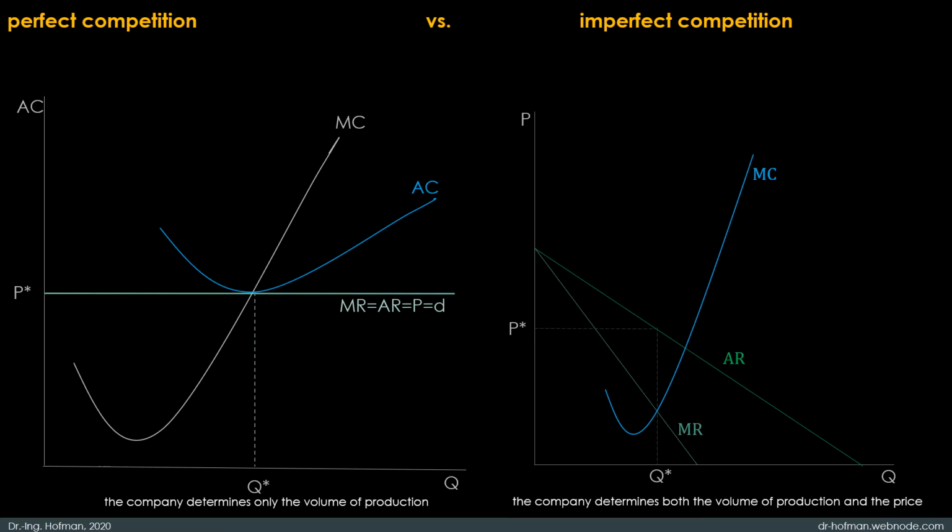When the MC line on the right in imperfect competition meets the marginal revenues line, it is again the optimum in imperfect competition, but the difference is that in imperfect competition we have average revenues separately from marginal revenues. They are not anymore on any price line.